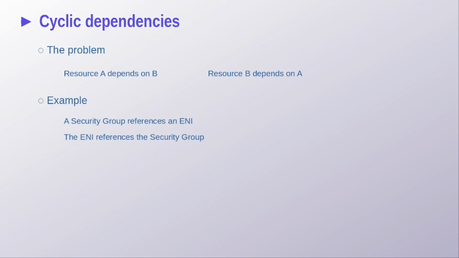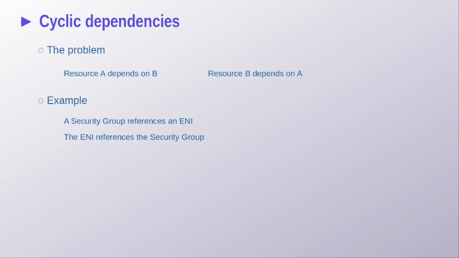Circular dependencies. The problem: Terraform must know what to create first, but sometimes we create a circle. Example: resource A depends on B, and resource B depends on A. Terraform gets confused. In real work, a security group references an ENI, then the ENI references the security group.